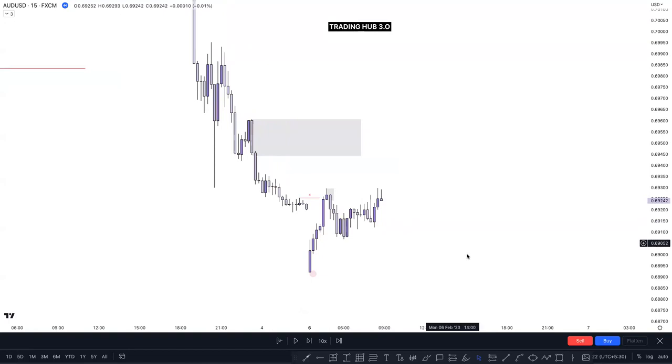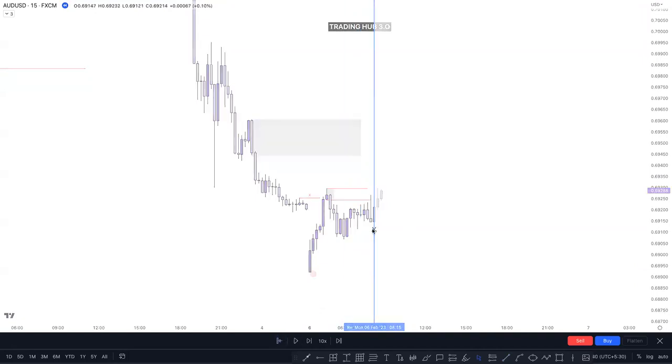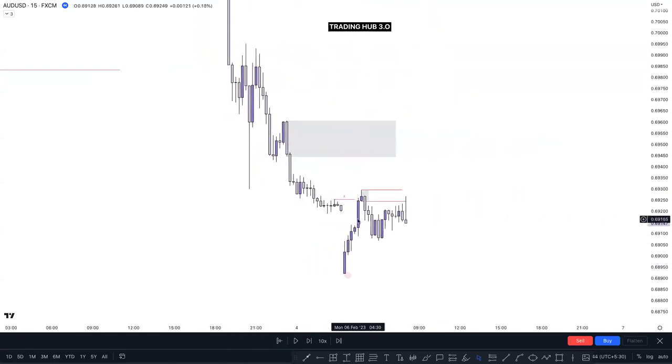Okay, I'm sorry, this one. Okay, so in this case, you can simply refine your order block here in a 1 minute time frame, and then you can sell here, right?